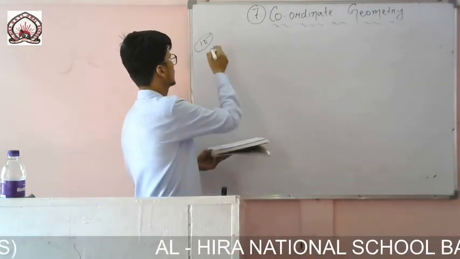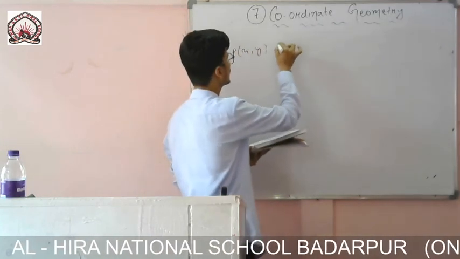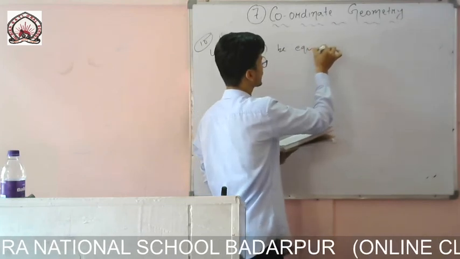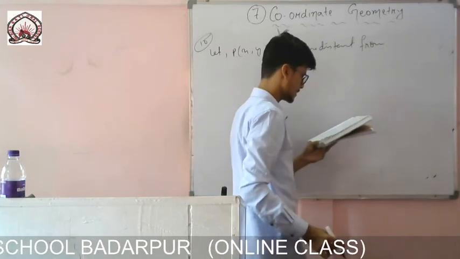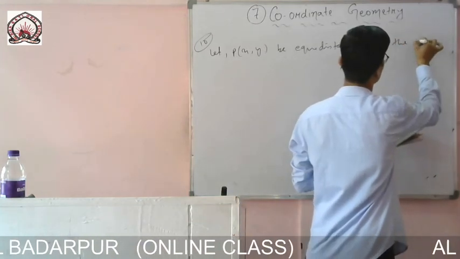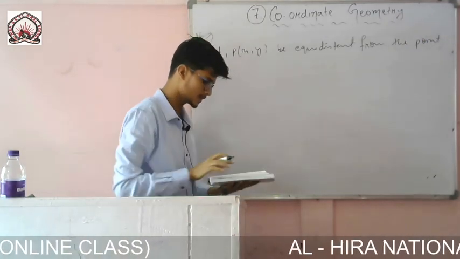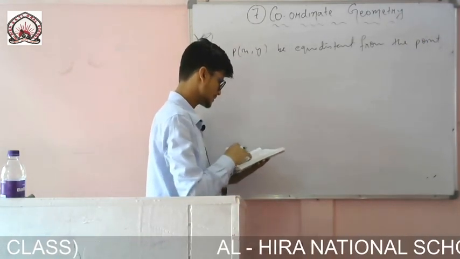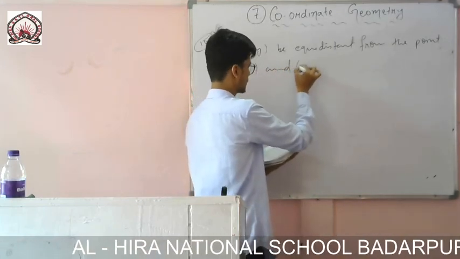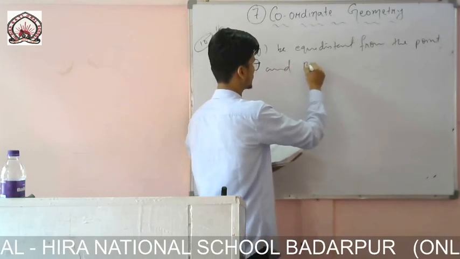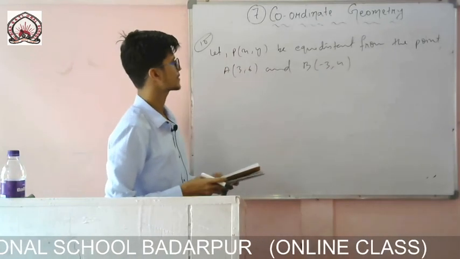So the last question of this exercise: let P(x, y) be equidistant from the point A, which is (3, 6), and B, which is (-3, 4).